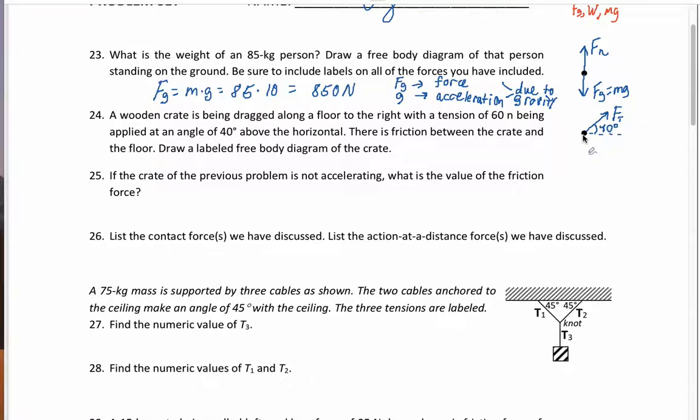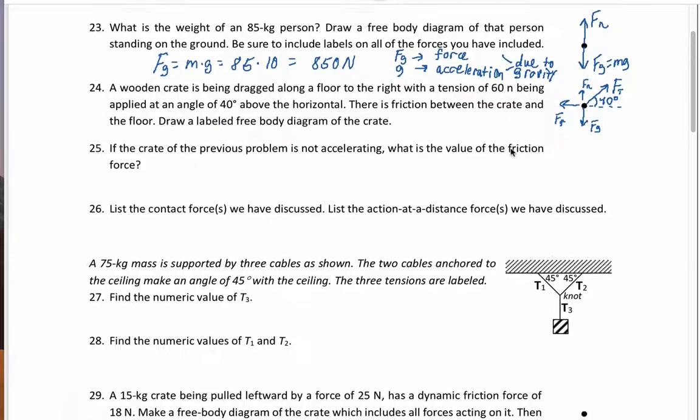Next, I will draw the weight force, Fg. There will be a normal force from the ground. And let's remember that the normal force in this case does not exactly balance the weight. It's the normal force plus the upward component of the tension. And then we have a friction force right here. So that is the labeled free body diagram.